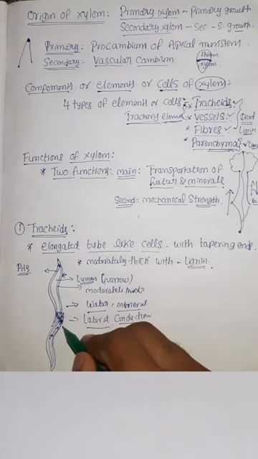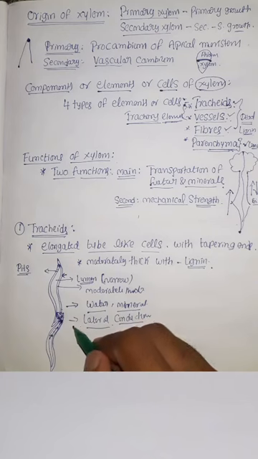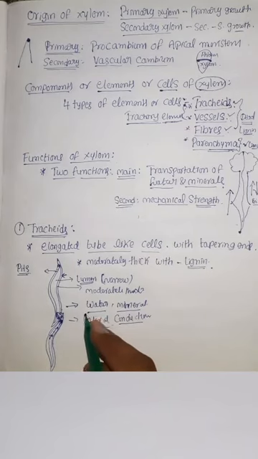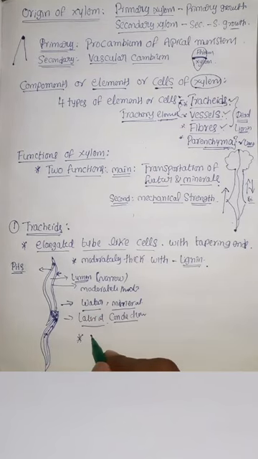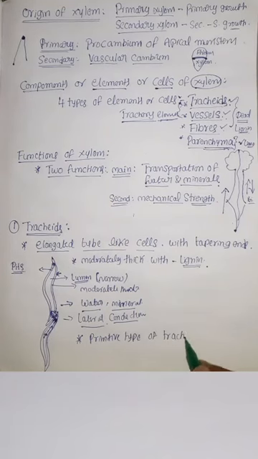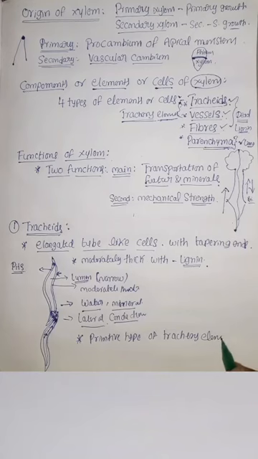In this way the transportation takes place in tracheids. It is the primitive type of tracheary element, found in lower plants like pteridophytes.